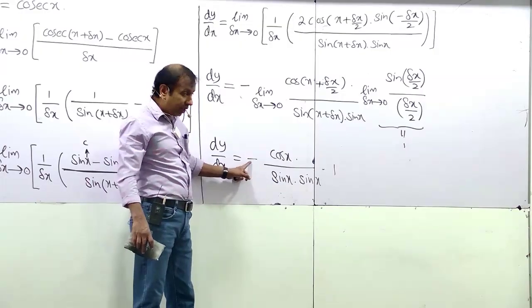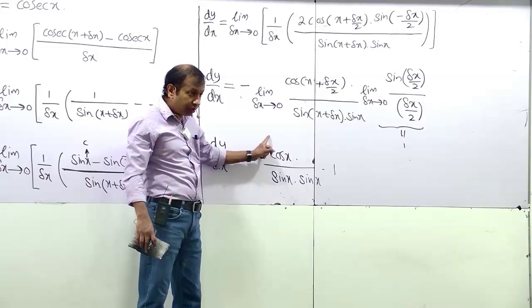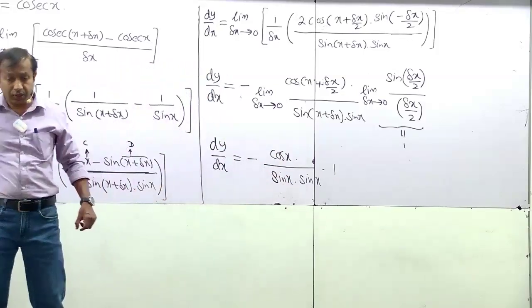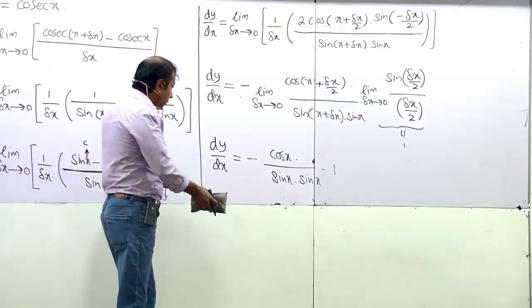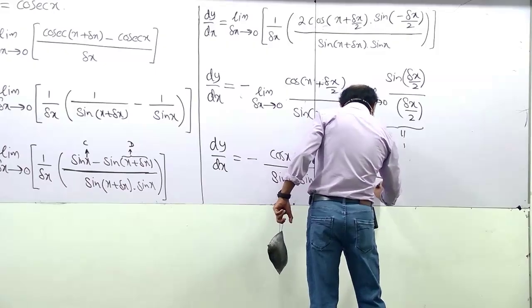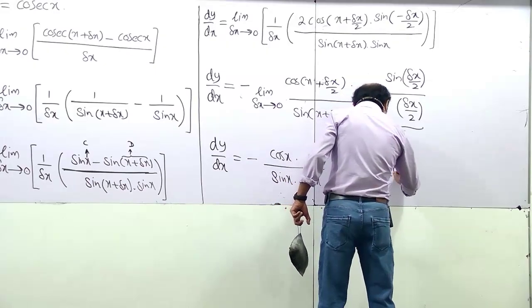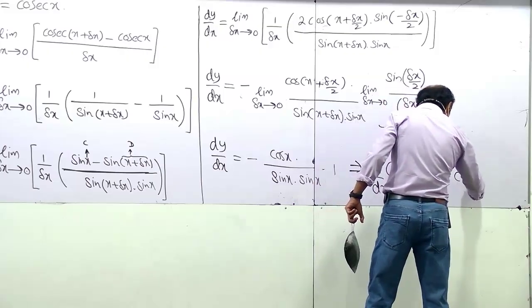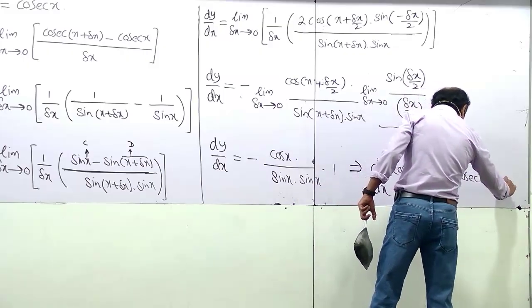Then we have minus cosec x cot x as the derivative of cosec x, correct? So d over dx of cosec x is minus cosec x cot x.